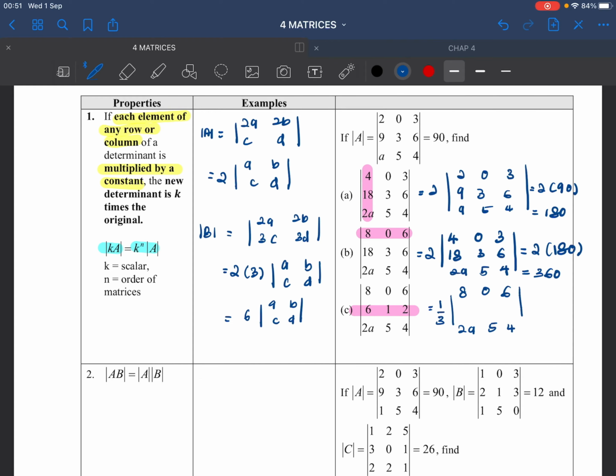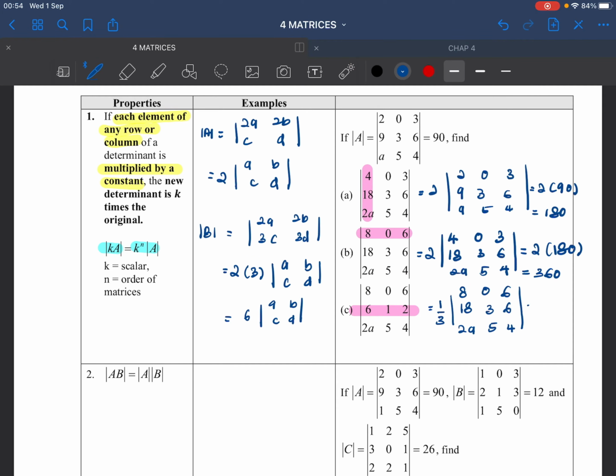2A54. So from the second row here, we are going to factorize 1 over 3, so we get 18, 3, 6. Okay, so we know that this determinant is the same as this determinant. So the same 806, 1836, 2A54, same as here. So we know that this determinant is equal to 360.